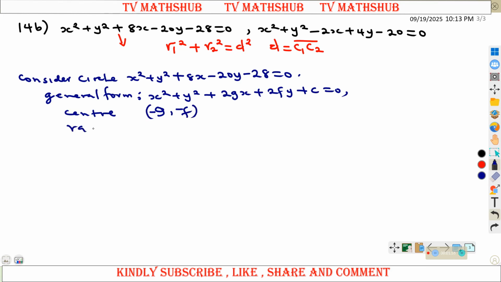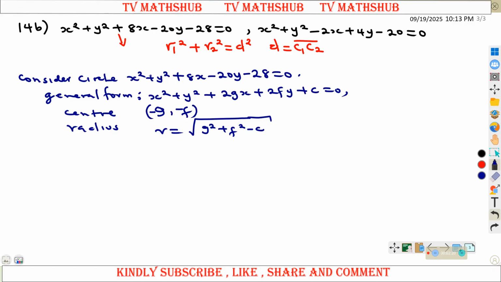And the radius r is the square root of g squared plus f squared minus c. So these are the most important things that we need.